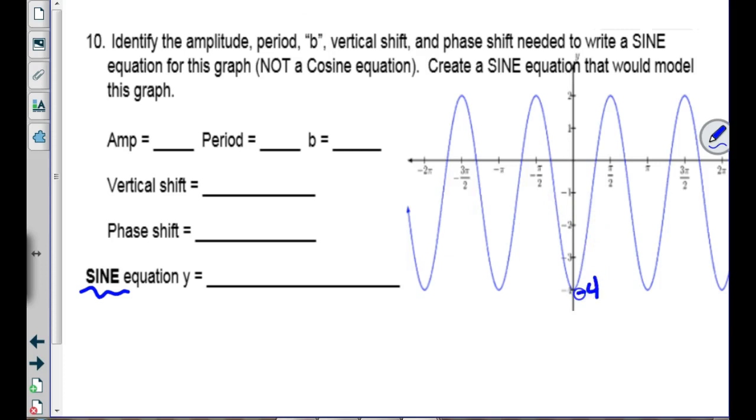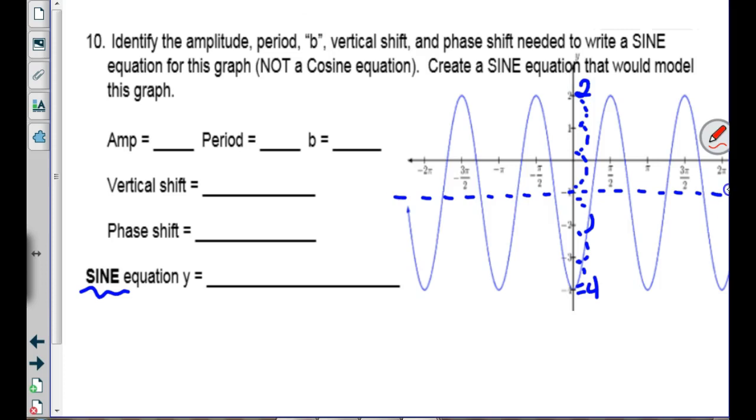If this is -4 and +2, where's the midline, guys? Yes. 1, 2, 3 units down this way, 1, 2, 3 units up this way. So the midline is here.